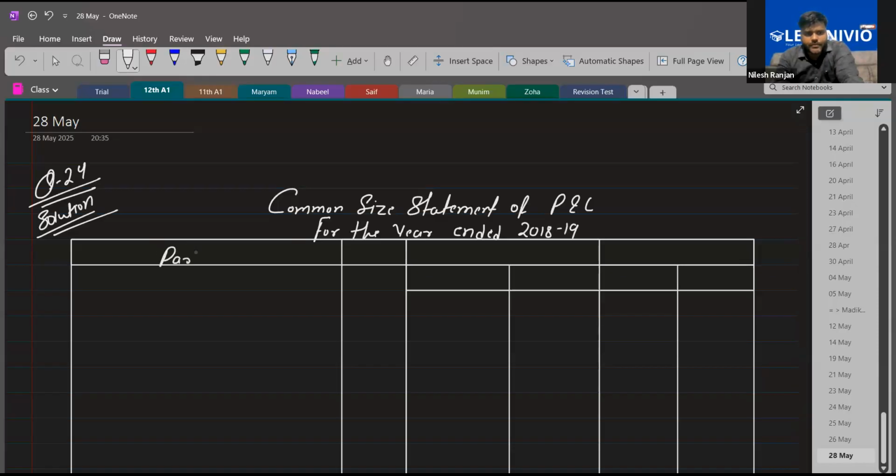So this is particular, note number. Then there is amount of 2018-19. If any of you remember, what is the base item in statement of profit and loss, can you tell me? Revenue from operation.